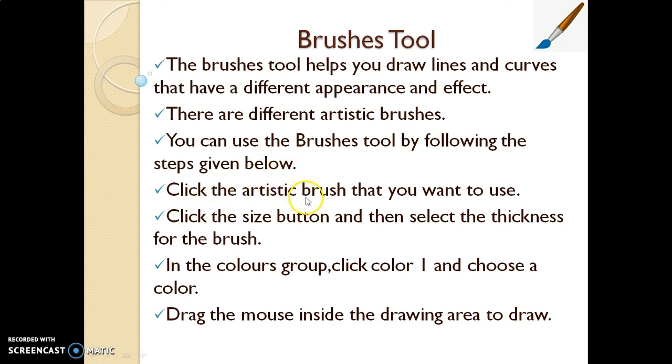First, click the artistic brush that you want to use. Click the Size button and then select the thickness for the brush. In the Colors group, click Color 1 and choose a color. Drag the mouse inside the drawing area to draw or color.